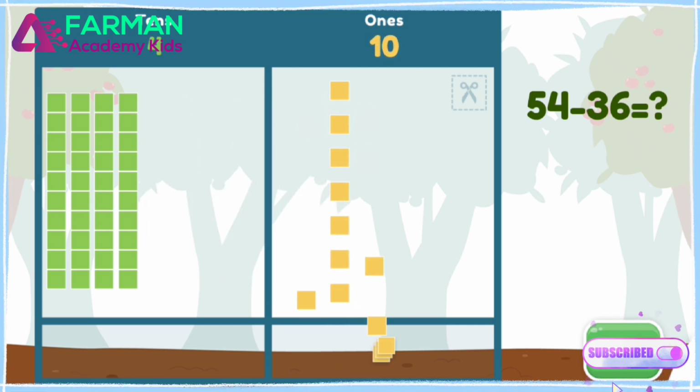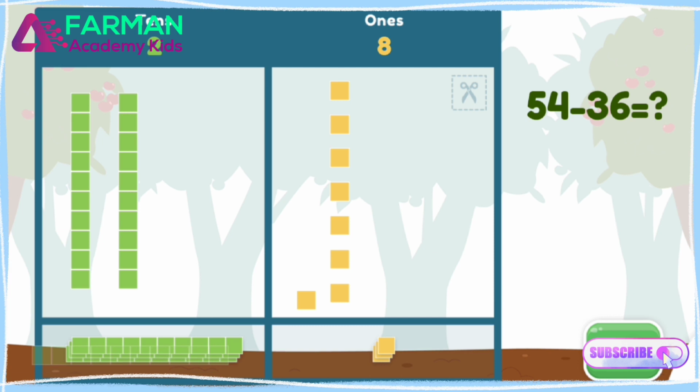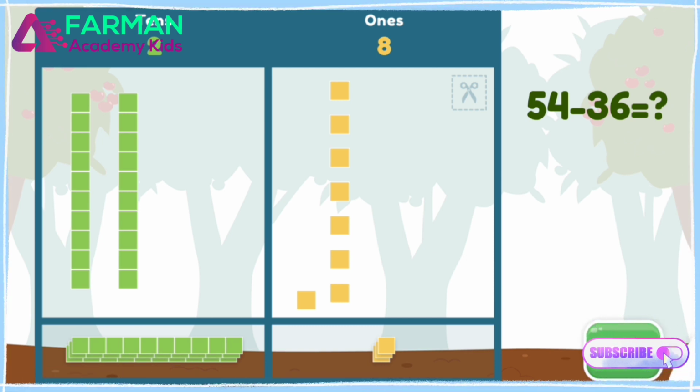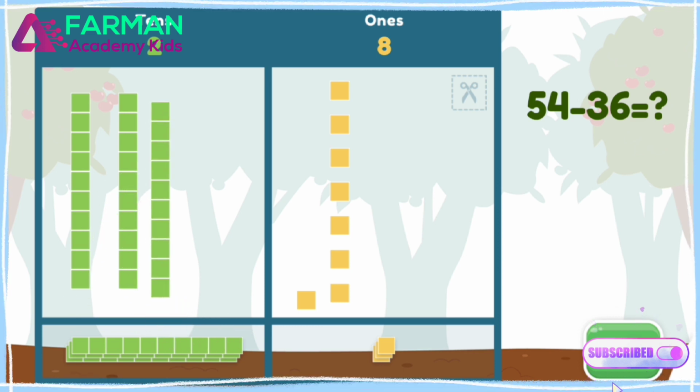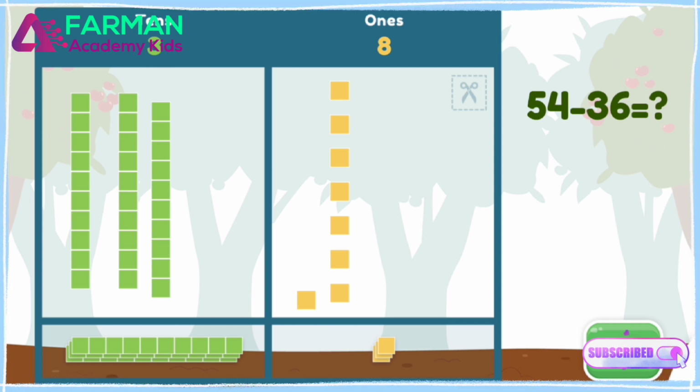Subtract the numbers in the equation. Do you have the right amount of rods and blocks? You can remove rods or blocks by dragging them outside.